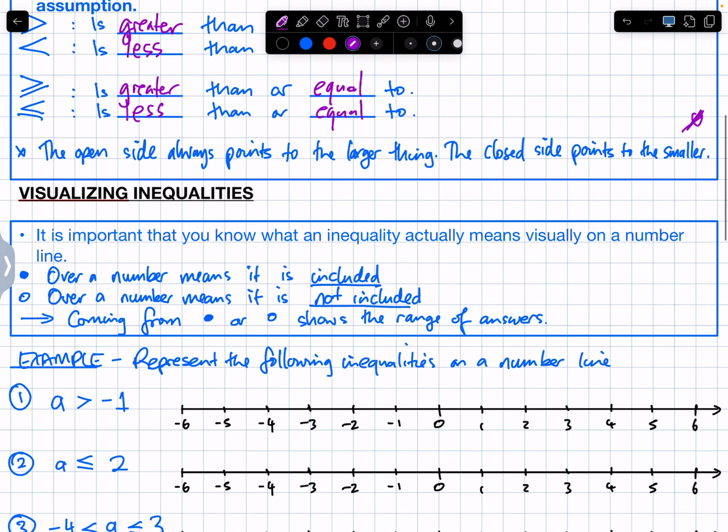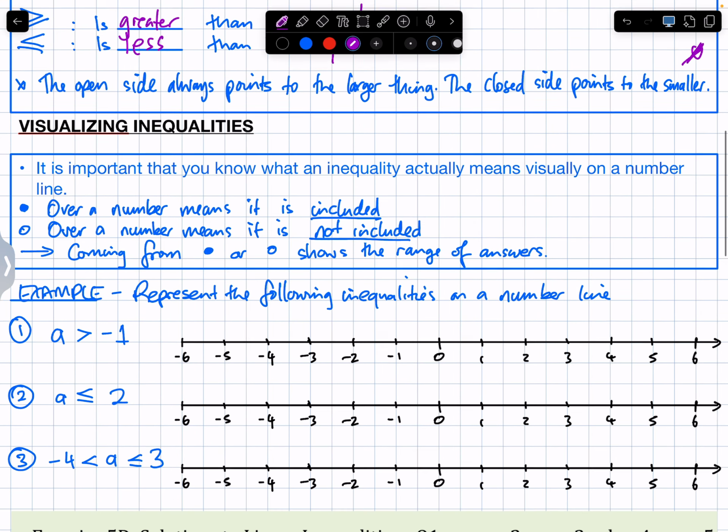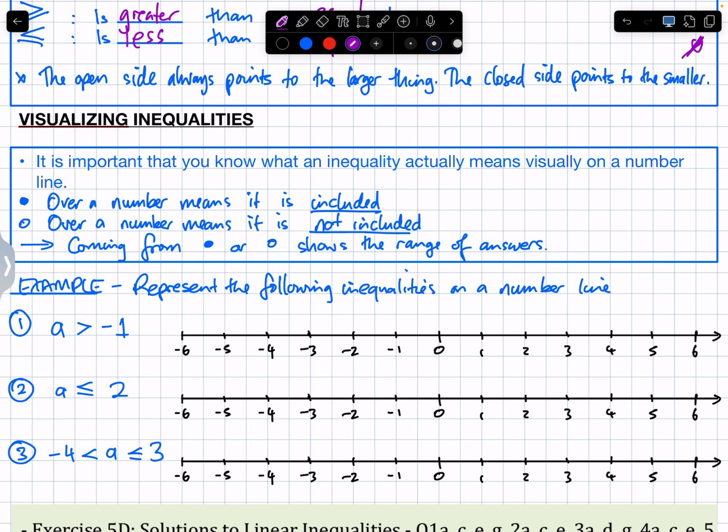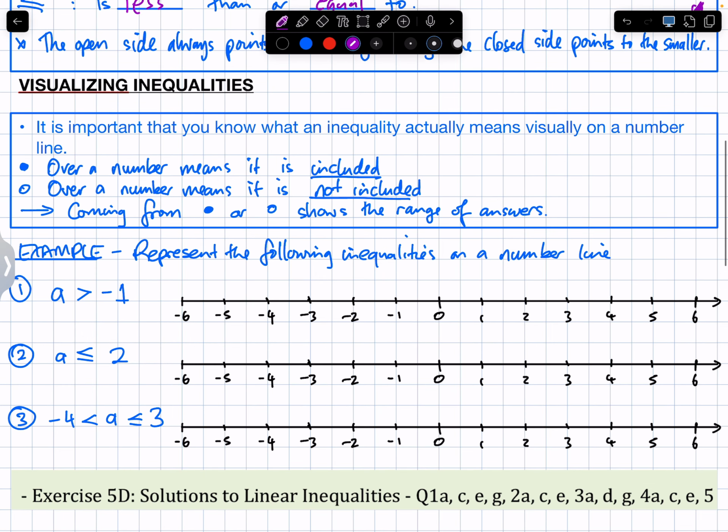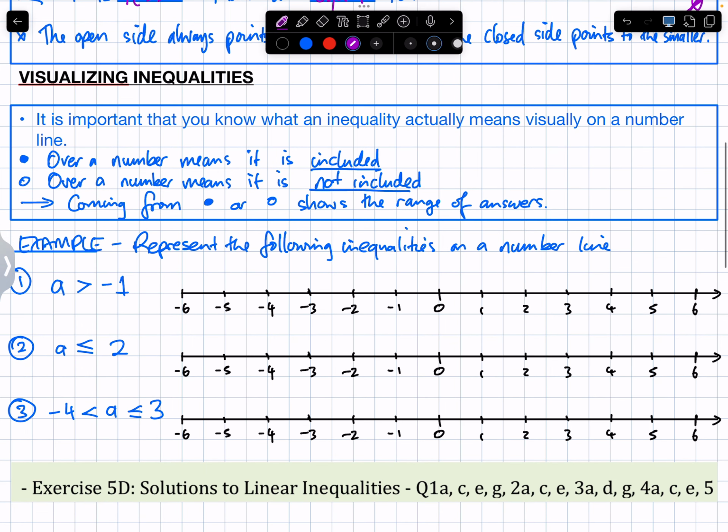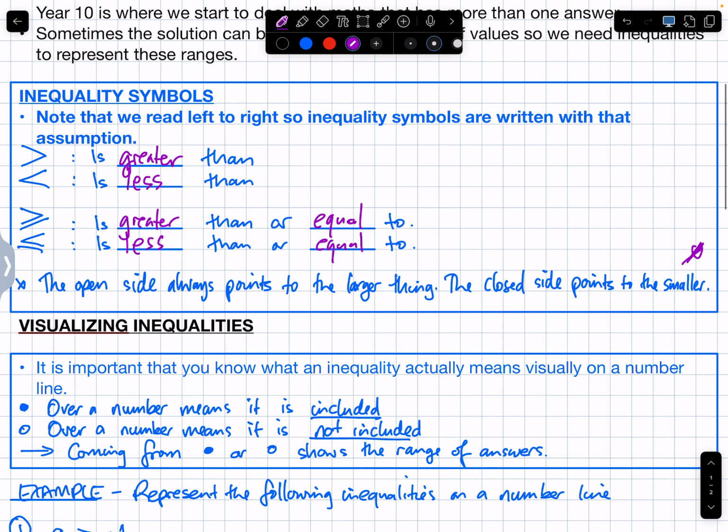All right, the only thing that you're actually doing today is this idea of visualizing inequalities.